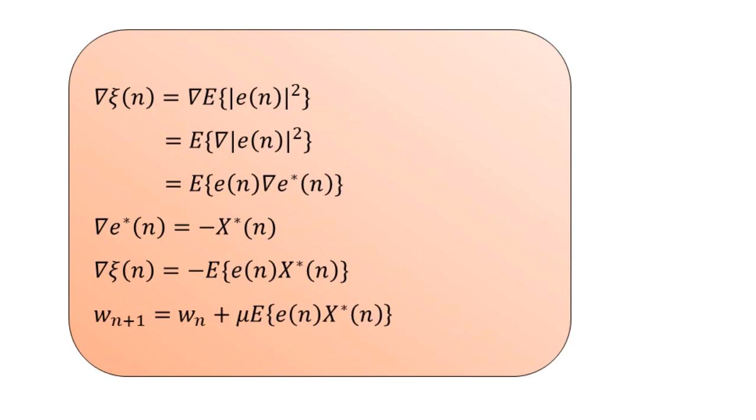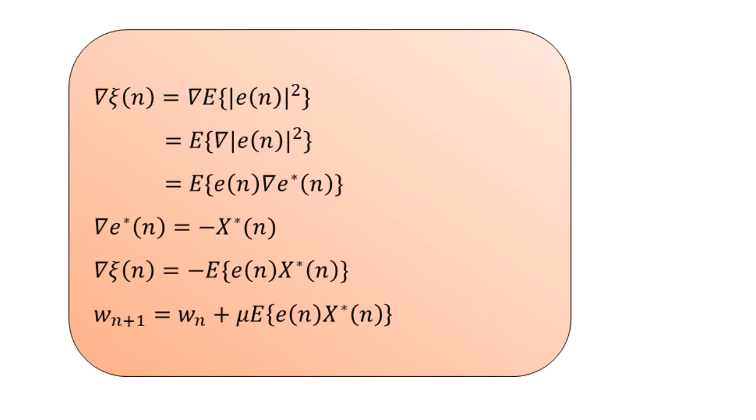Now, in order to check the steepest descent algorithm having the update equation for w suffix n, let us consider the case of a stationary process, with the usual notations: x of n for the input discrete time random process and the desired signal denoted by d of n.